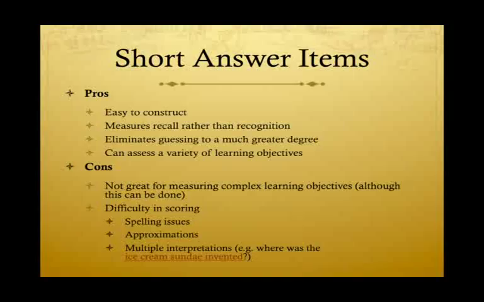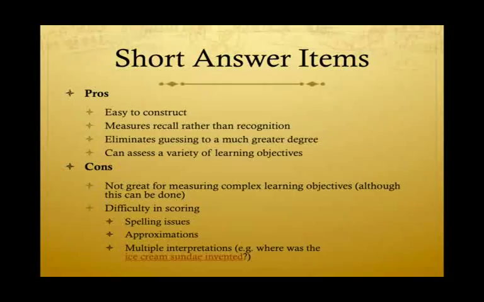You have rounding issues in things like math or approximations, people kind of getting the gist of an idea rather than supporting with specific details. And so you usually have multiple answers that are okay. And that makes the grading time a lot longer. You don't think it would, but it does.